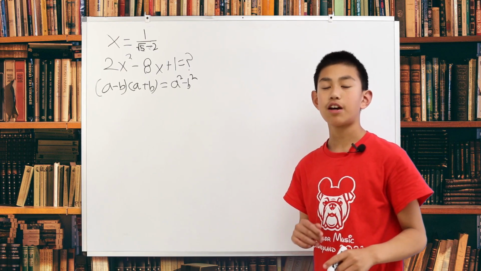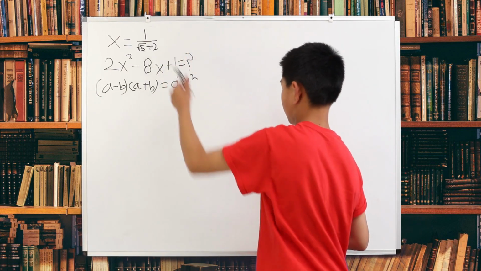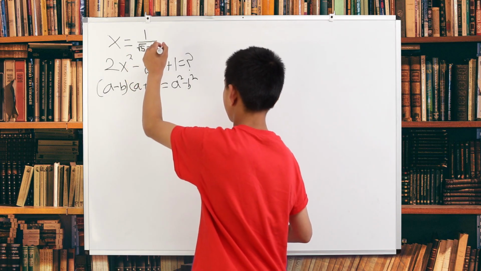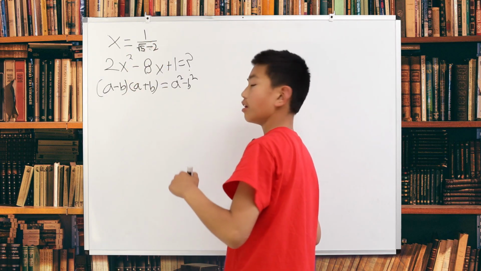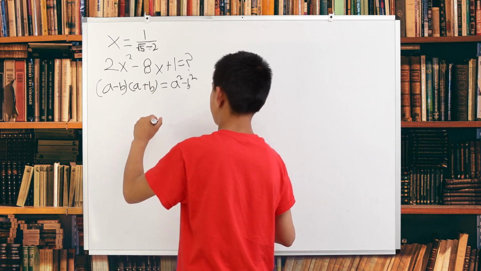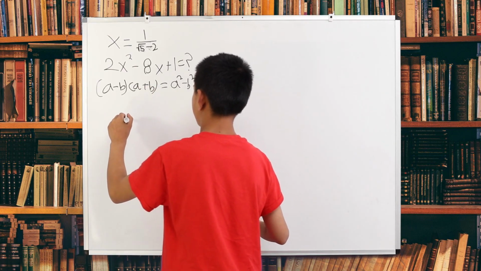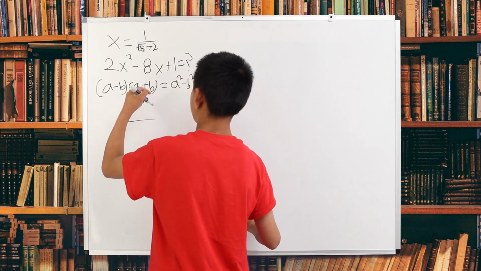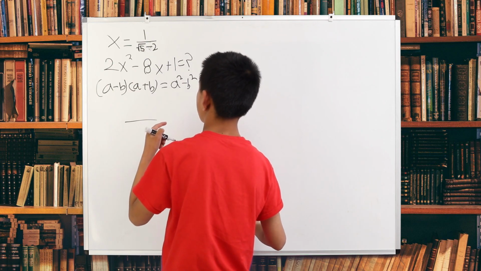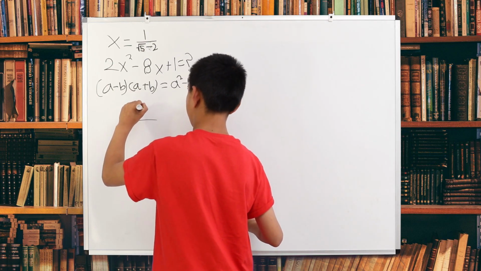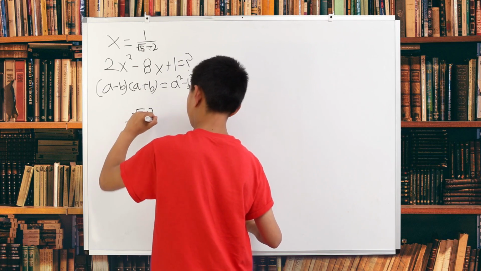So we implement that formula into the definition of x. Well, we already have an a minus b here, so we just have to multiply it by an a plus b, where a is square root of 5 and b is 2. So up here it's going to be 1 times the square root of 5 plus 2, so that's just going to be the square root of 5 plus 2.